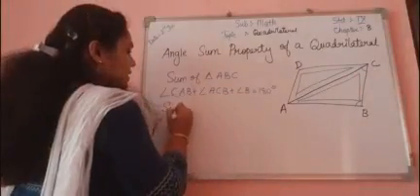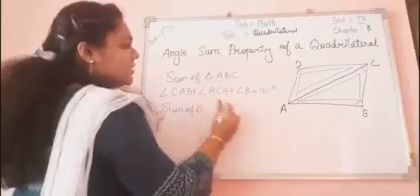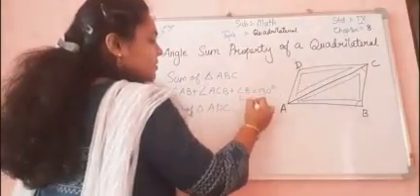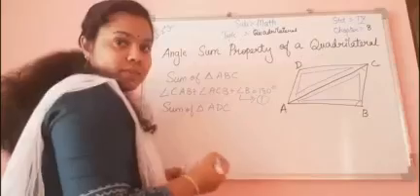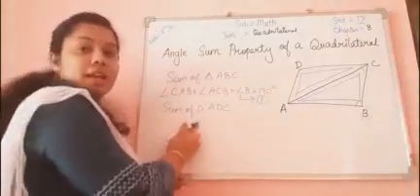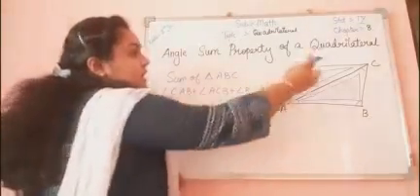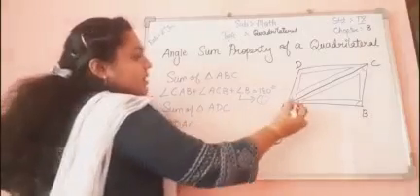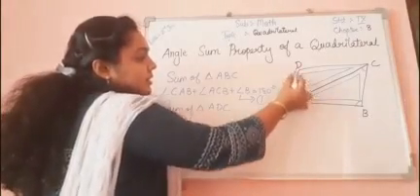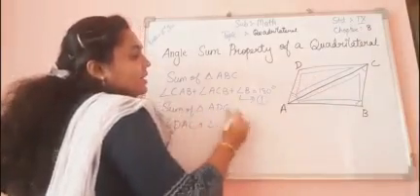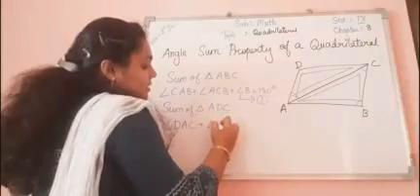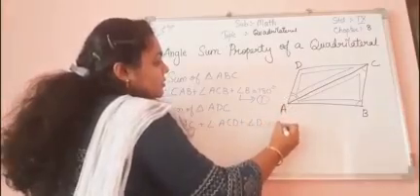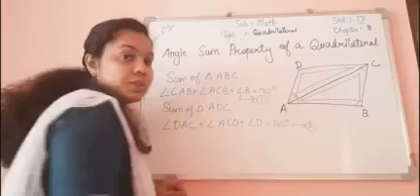We can give this as equation number 1. Now we go to equation number 2, the sum of triangle ADC. It would be angle DAC, that is this angle, plus angle ACD plus angle D is equal to 180 degrees. This is equation number 2.